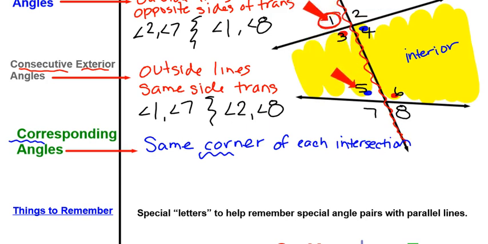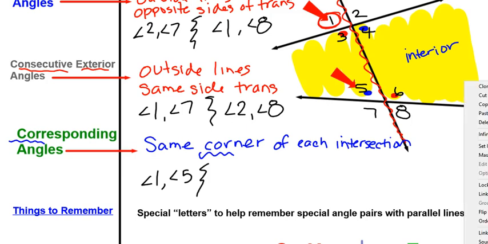Those two angles would be what we would consider corresponding angles. Angle 1 and angle 5. Then which angle would correspond to angle 4? And if I look there, notice that angle 4 is in the lower right-hand corner. Then I would pick down here angle 8.